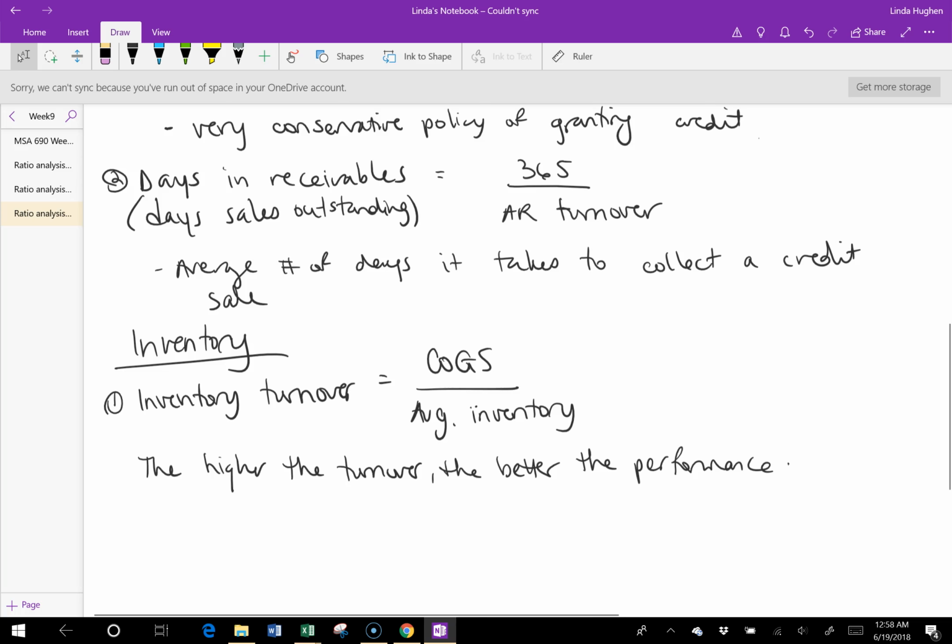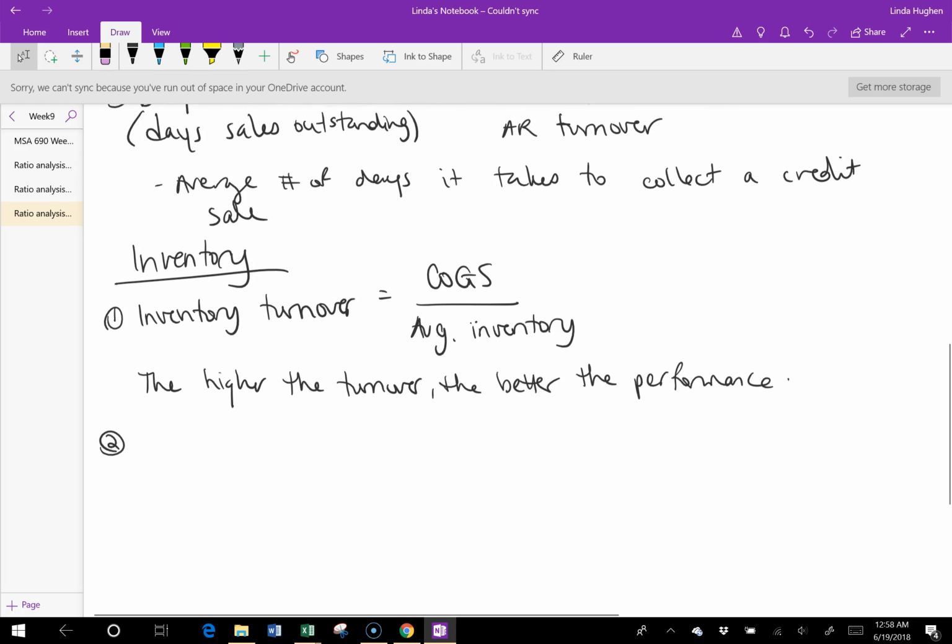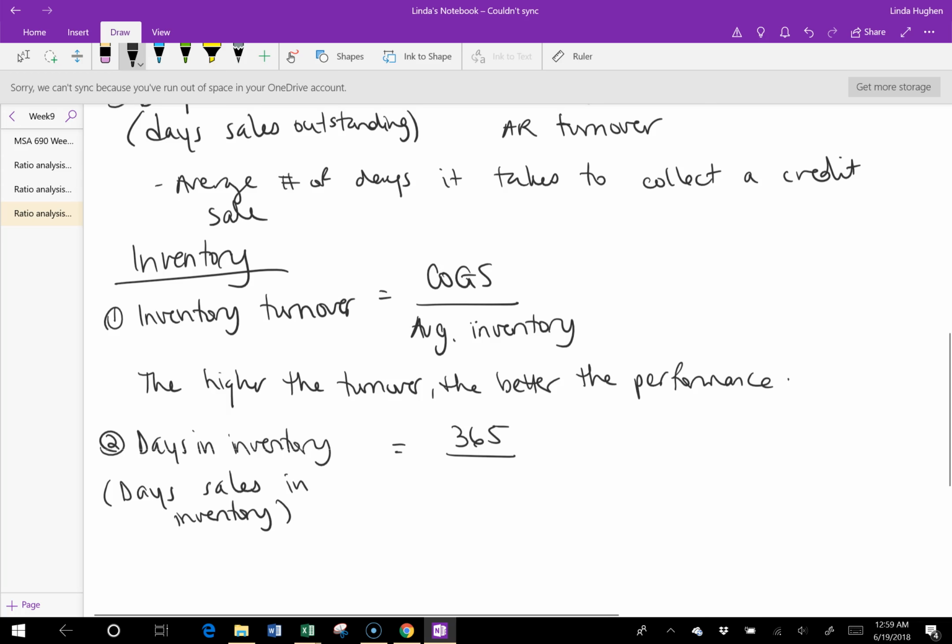Similar to how we looked at accounts receivable, our second measure of the activity or efficiency of inventory is days in inventory. This is another way of saying days sales in inventory. And this is equal to 365 divided by the inventory turnover that we calculated up above.